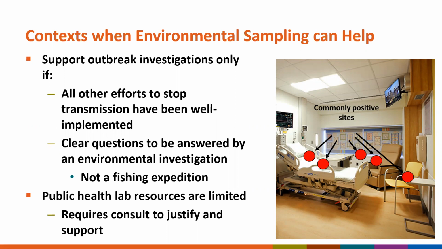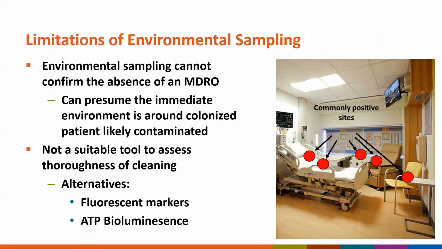But essentially, it can be helpful when all other efforts to stop transmission have been well implemented, but you continue to see transmission. And you should really have clear questions that you hope to answer rather than a fishing expedition. And again, just highlighting communicating with your local public health jurisdiction before diving into environmental sampling.